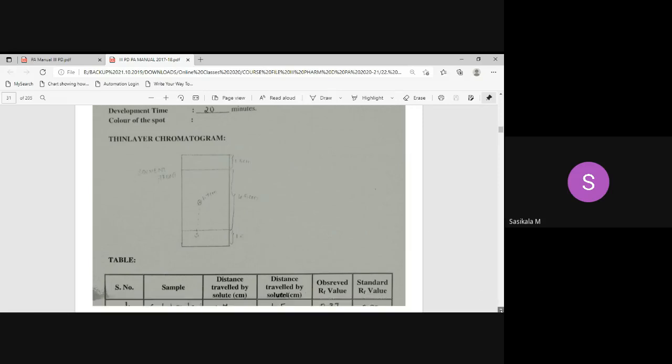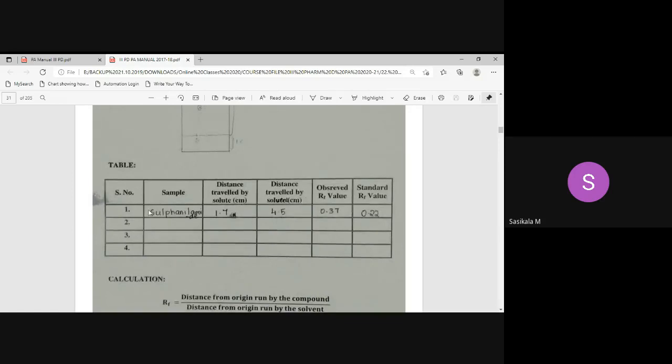In the tabular column, for the sulfur drug, sulfanilamide sample has been taken. This is a known sample given to you. During exams, it will be unknown, and you need to find out the RF value of the given sample. Sometimes the sample name will be revealed. The distance traveled by the solute, which represents your sample or analyte, is 1.7 centimeter.